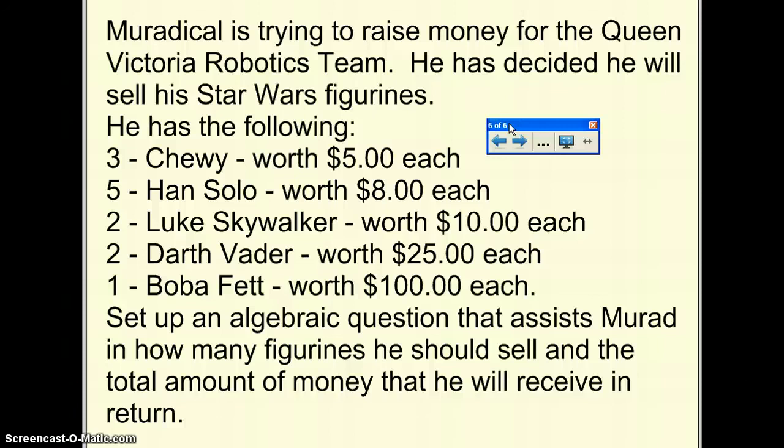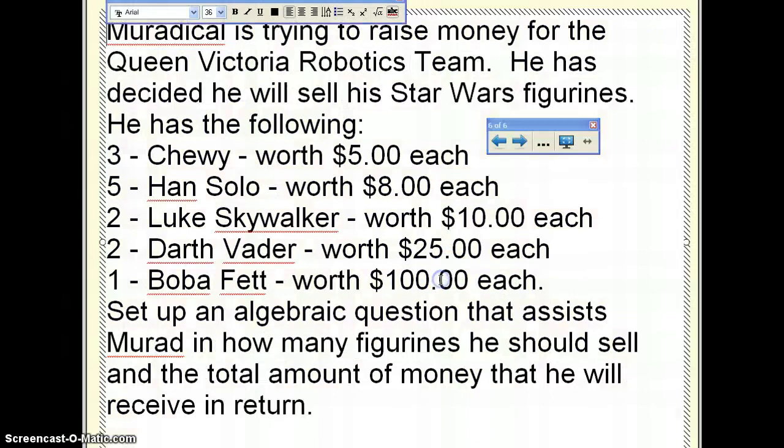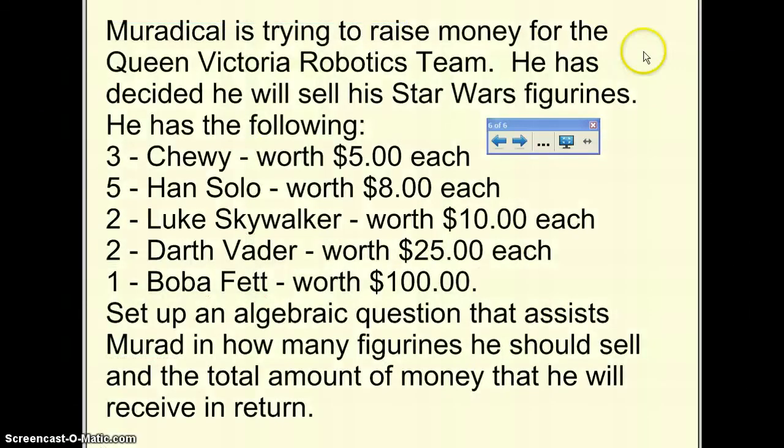Set up an algebraic equation that assists Murad in determining how many figurines he should sell and the total amount of money that he will receive in return. And yes, there's only one of these, so we'll just put worth $100. Okay, so you need to figure out an algebraic equation, and you need to figure out how much Murad's going to spend, and fill in the blanks. Good luck.